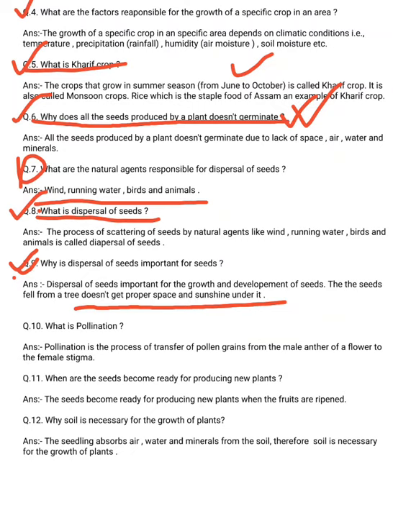That means they will not get the proper amount of space, sunshine, minerals and air. So they should be carried into different places. That is why dispersal of seeds is important for germination of seeds.